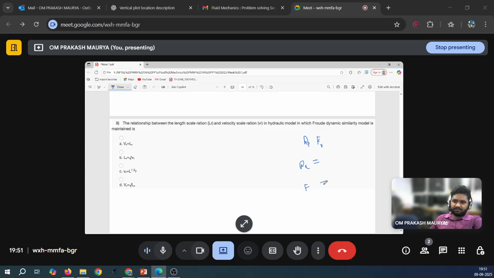The Froude number is nothing but V by root of G D. Similarly, for Reynolds number, it is rho V L divided by mu. This is for Reynolds number, and this is for your Froude number.